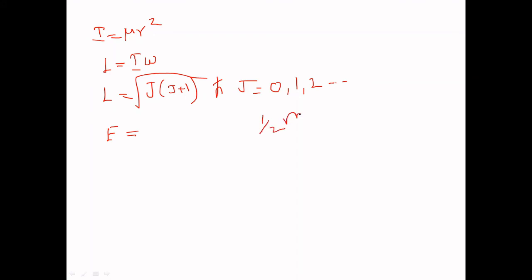The angular momentum is quantized, so L equals root of j into j plus 1 times h cross, where j is the rotational quantum number, whose value varies as 0, 1, 2, etc. For the energy of a rotating molecule, instead of half m v squared, the value becomes half I omega squared.